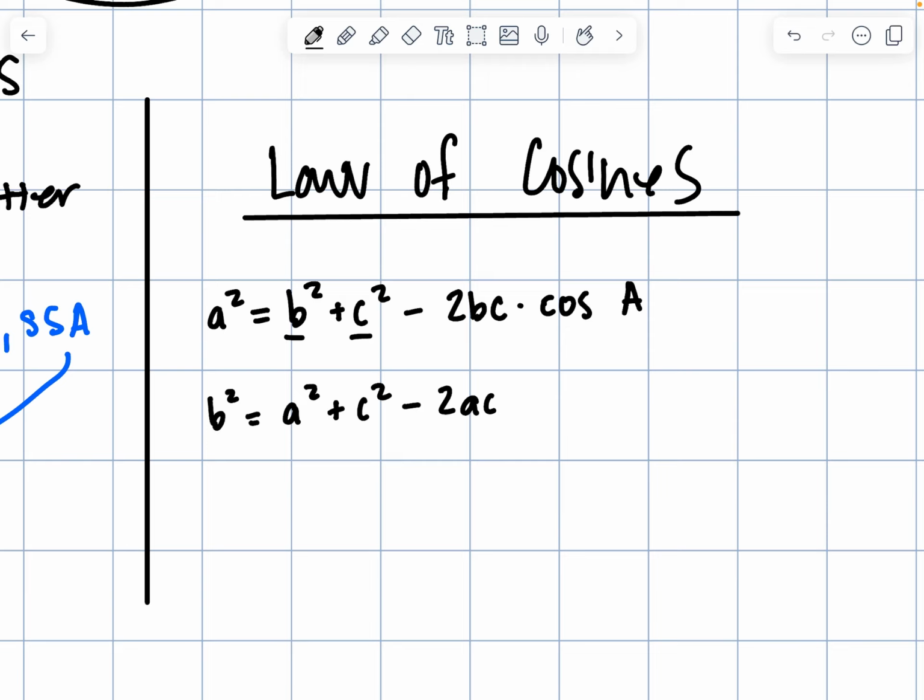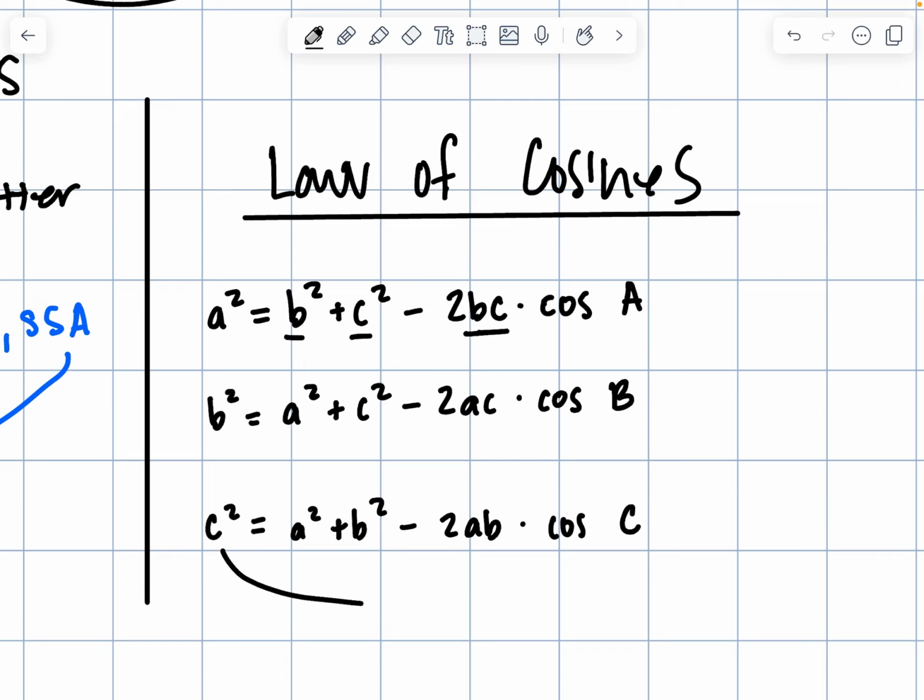If you notice, these two, A and C, are the two letters here. Same thing happens here, AC, AC. So there's some commonalities here, times the cosine of B, but it's the angle B this time. And hopefully you can piece this one together. C squared should be equal to a squared plus b squared minus 2 times a times b times the cosine of C. Just like the other two equations.